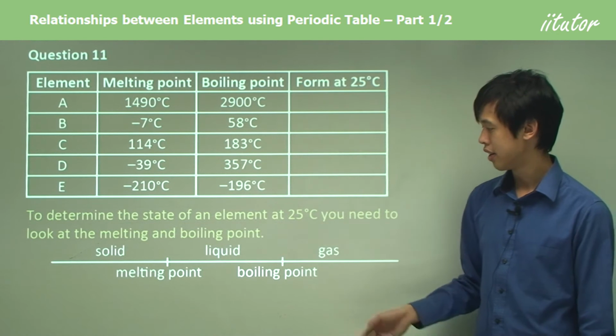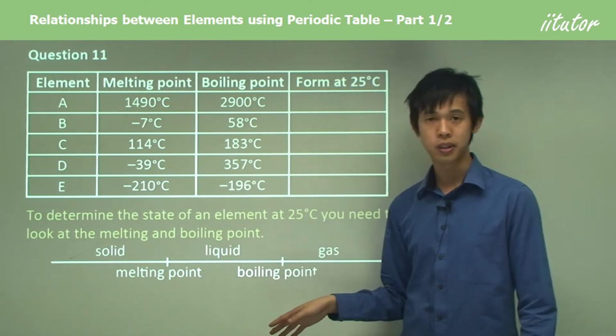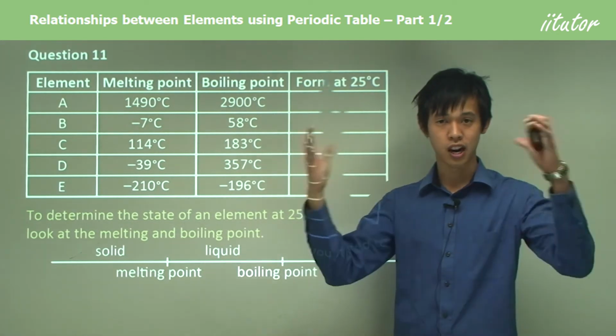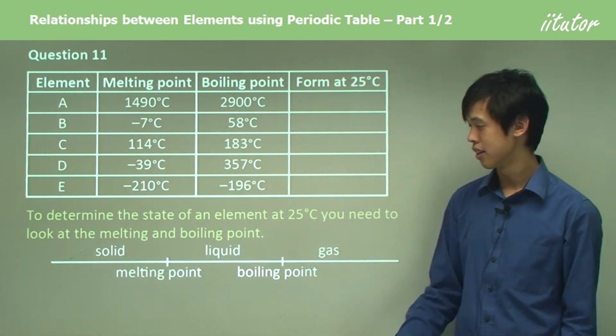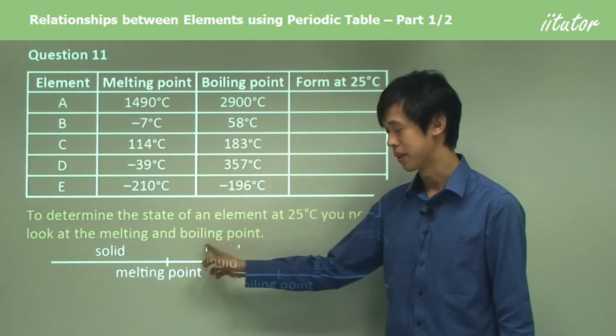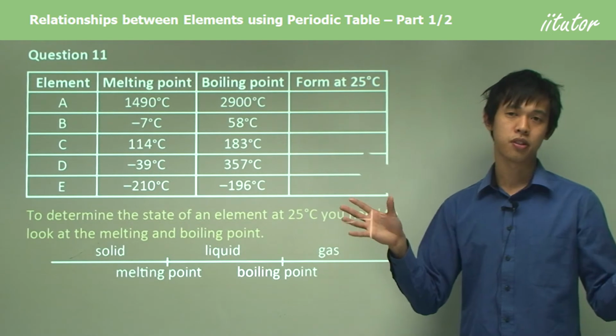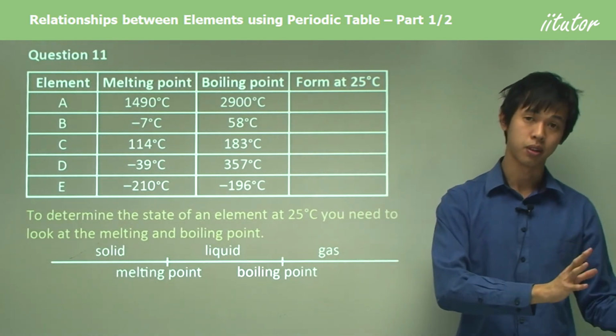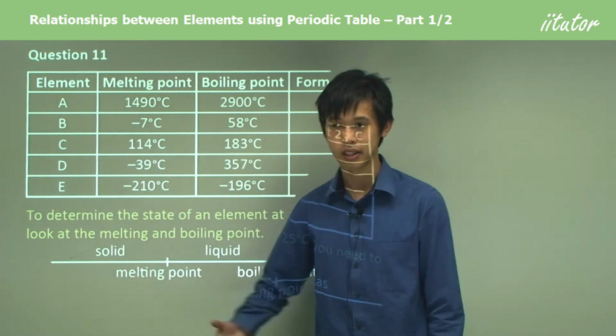If the temperature of the environment is between both the melting and boiling point, it will be a liquid. And if the temperature is less than the melting point, it will be a solid, which makes sense.